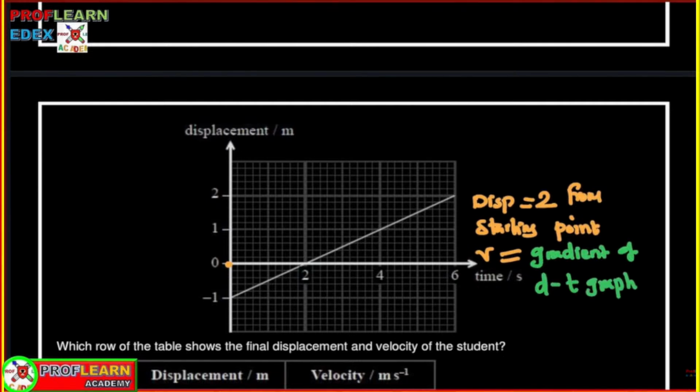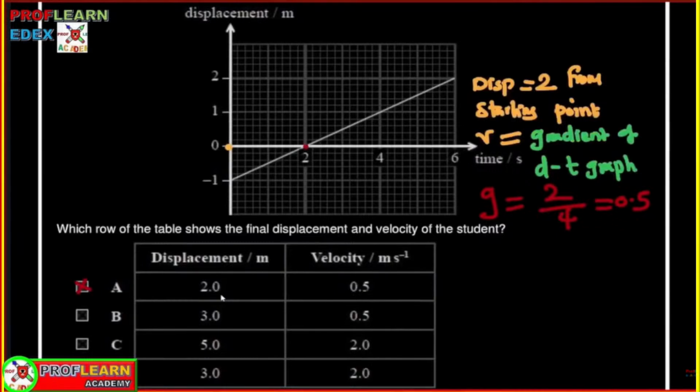So the gradient here is going to be rise over run, and we can see the rise is 2, and the time taken is 4 seconds. So that is going to be 0.5 meter per second as the velocity. From a displacement time graph, you can get the displacement of the object, and also you can get the velocity of the object by finding the gradient.